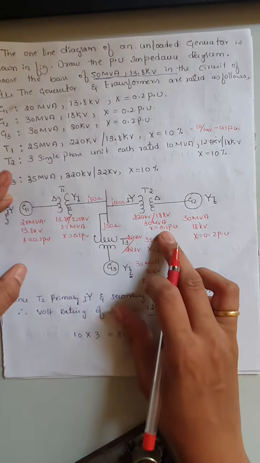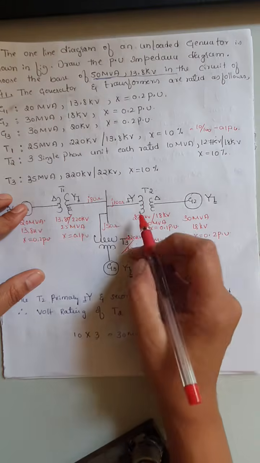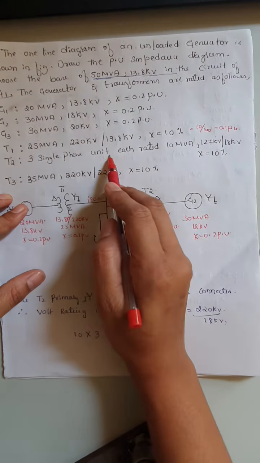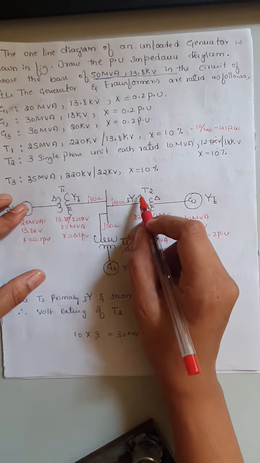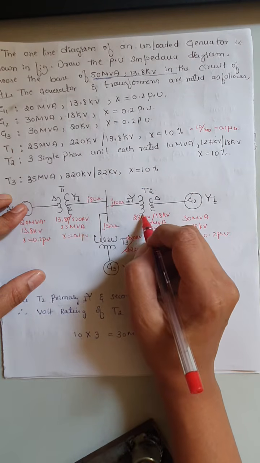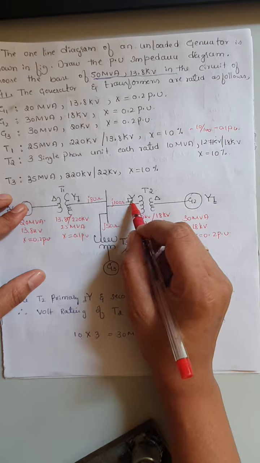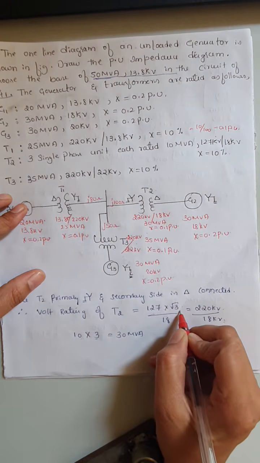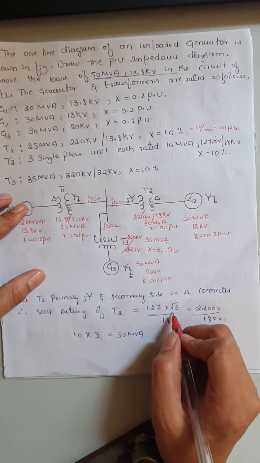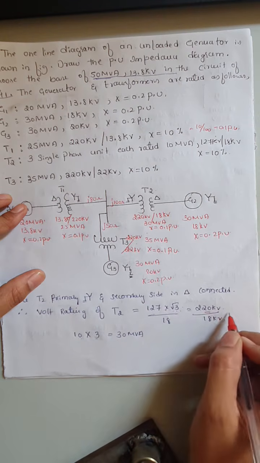So the most important thing you have to remember is, when 3 single phase transformers are given, converting that into a 3-phase transformer, for the higher voltage rating of the transformer, if that is star connected, for that side you have to multiply it with root 3. Then we can convert 3 single phase into a 3-phase transformer.